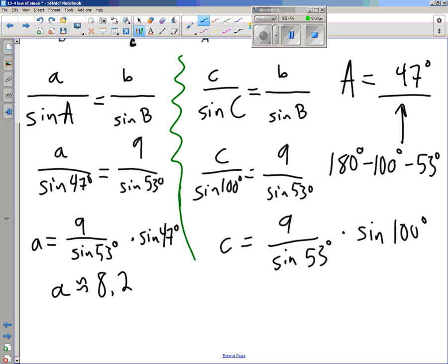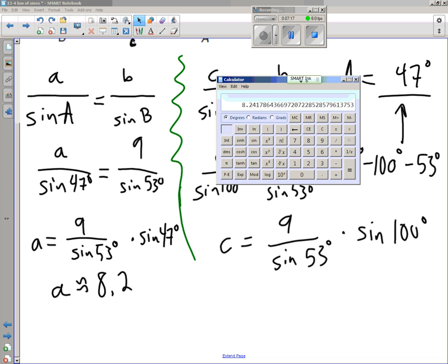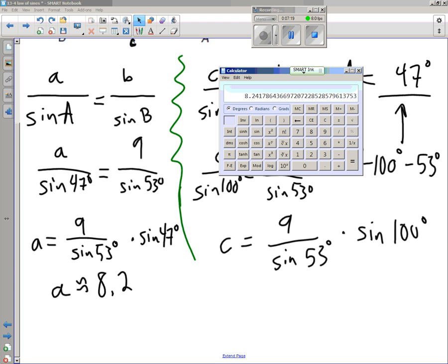If you have a calculator where you see it as you type, you just have to make sure to use parentheses around the angle measures and you'll be fine. So you have 9 divided by sine of 53, making sure to close the parentheses around the 53.